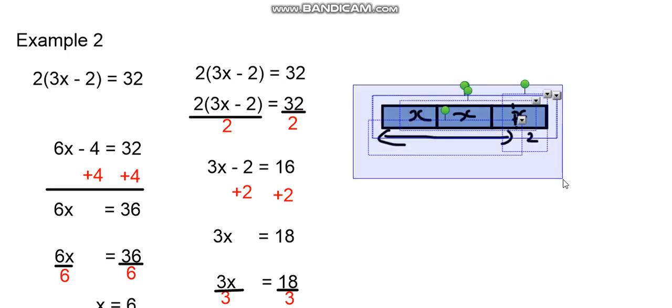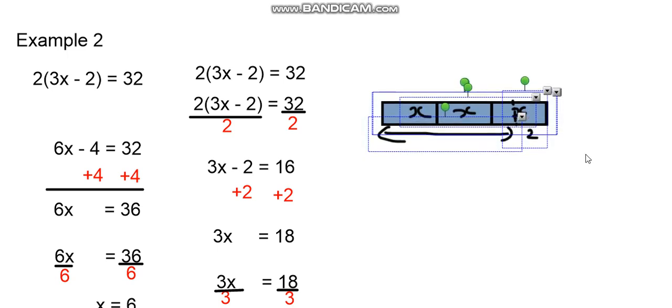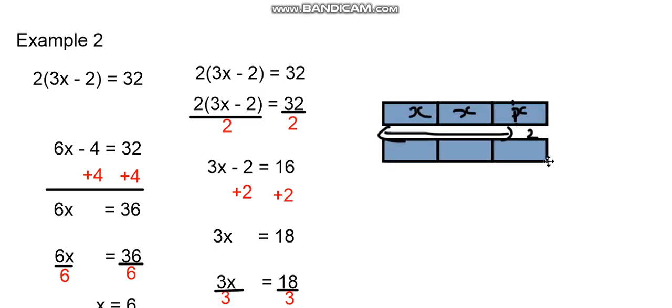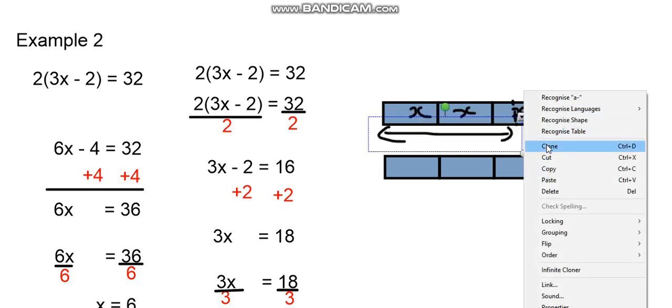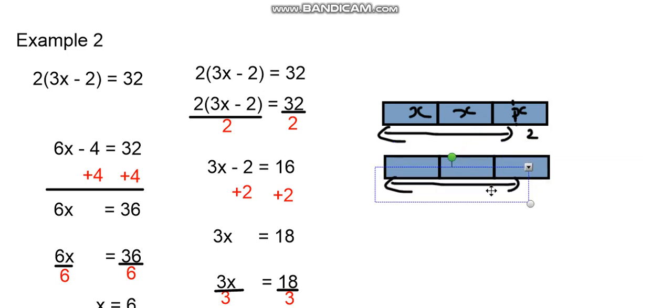So if I just move that down, I've got the same thing twice. Let's copy that down.